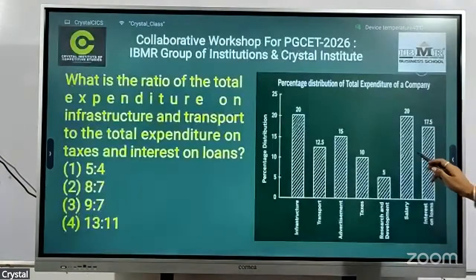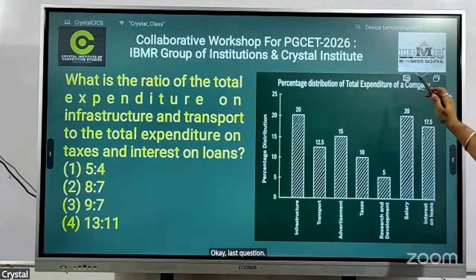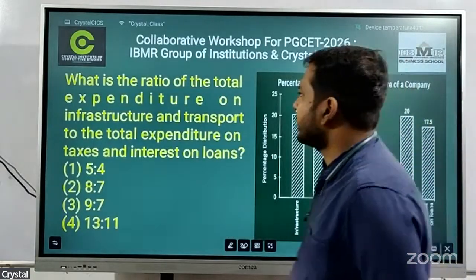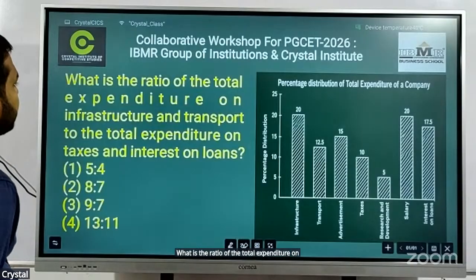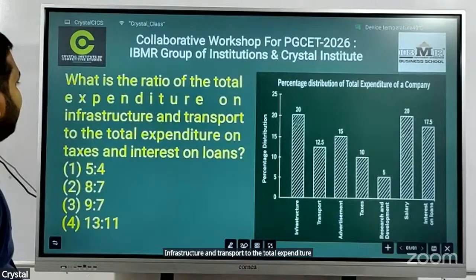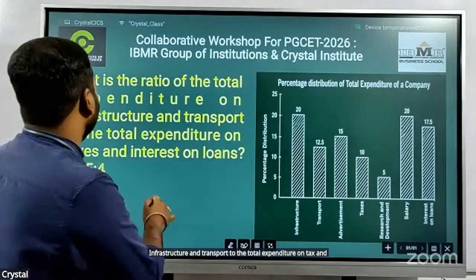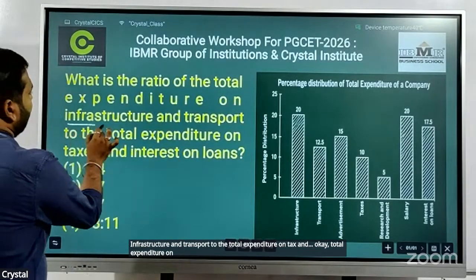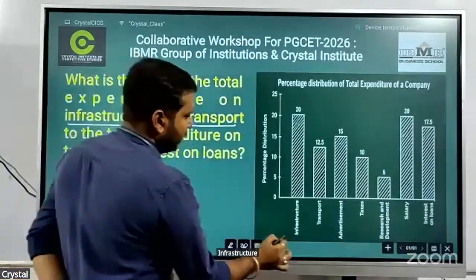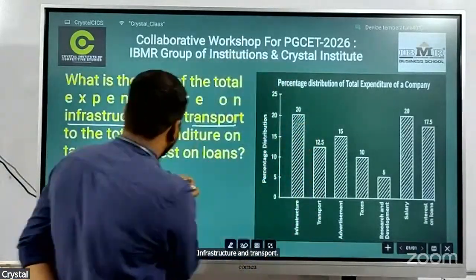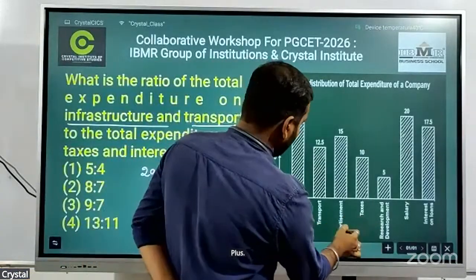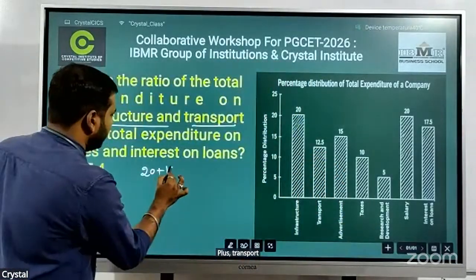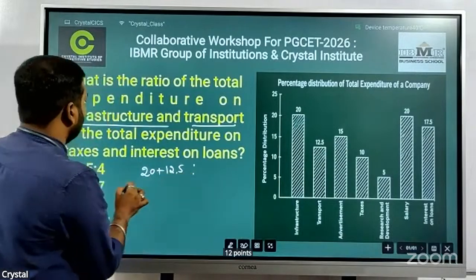Okay, last question. What is the ratio of the total expenditure on infrastructure and transport to the total expenditure on tax and loans? Infrastructure is 20 plus transport 12.5 is 32.5.